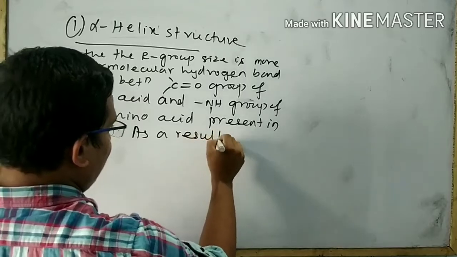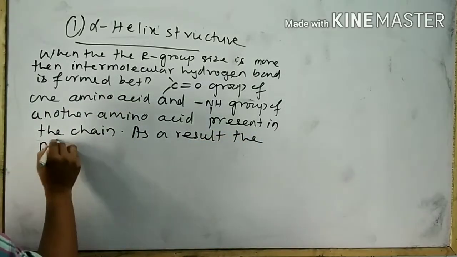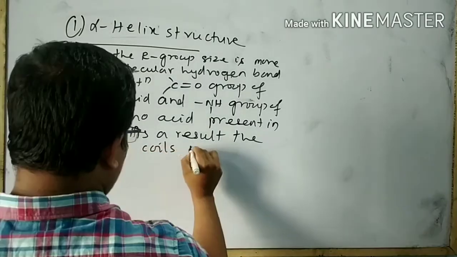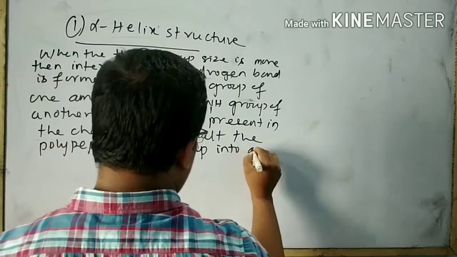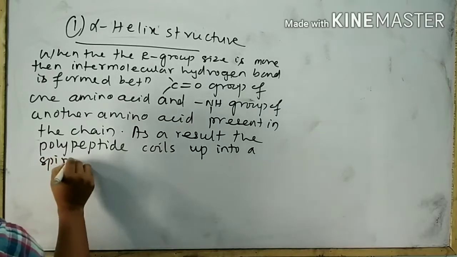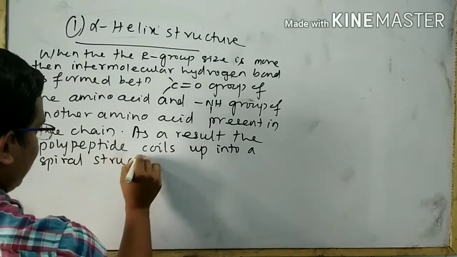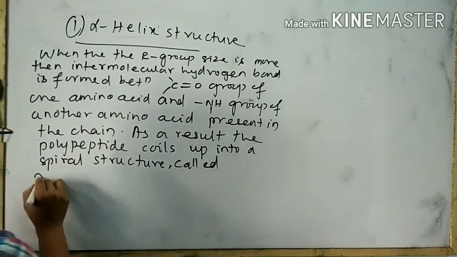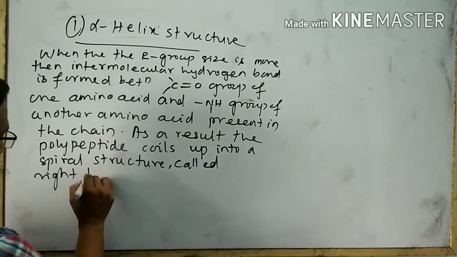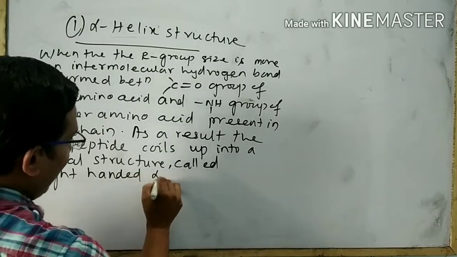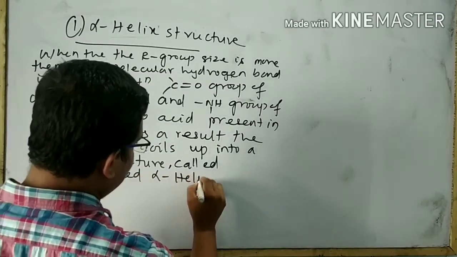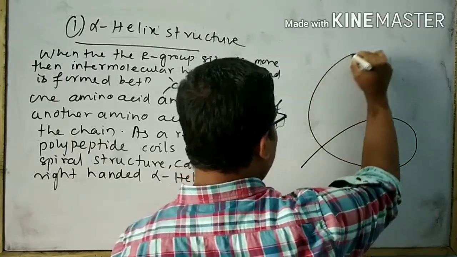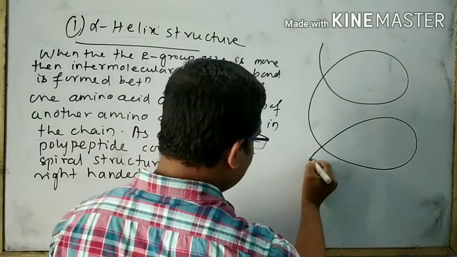As a result, the polypeptide coils up into a spiral structure called right-handed alpha helix. Now I will draw the alpha helix structure like this.